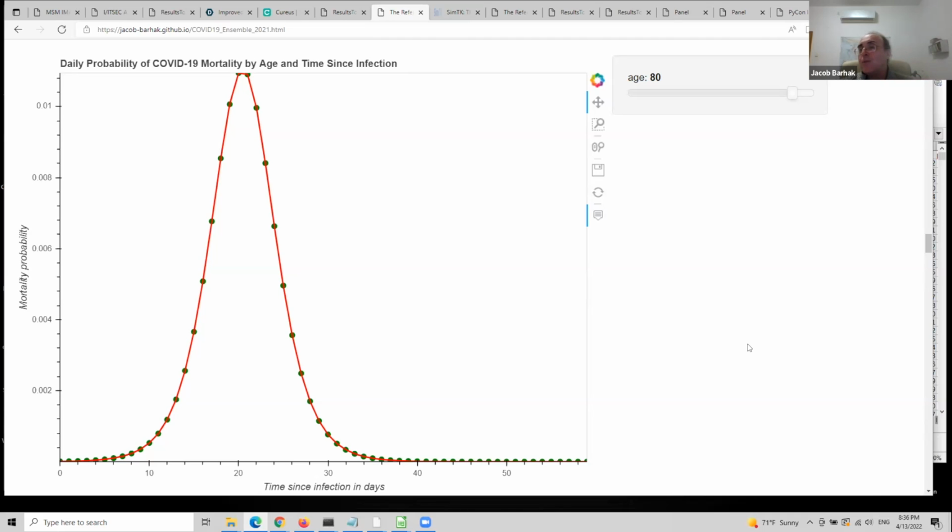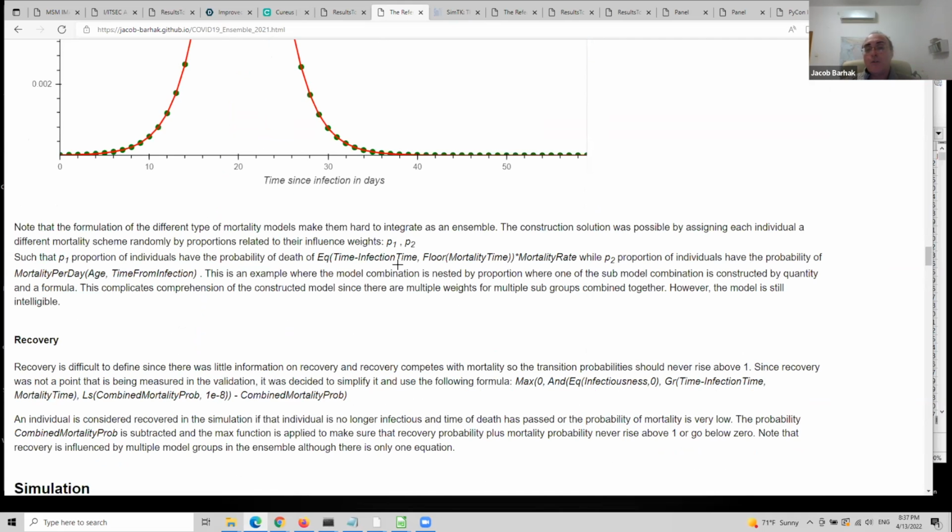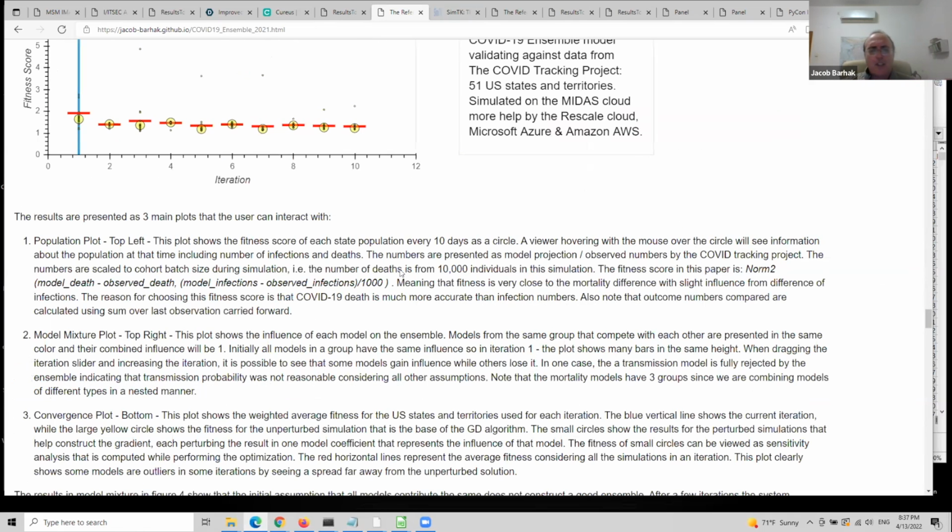What you're seeing now is the first multi-scale ensemble model for COVID-19. It is an ensemble because there are multiple models, and multi-scale because some of those models came from different scales. This is how one mortality model looks, but the others are much simpler.